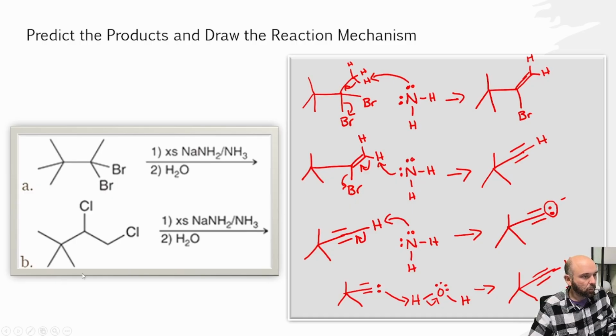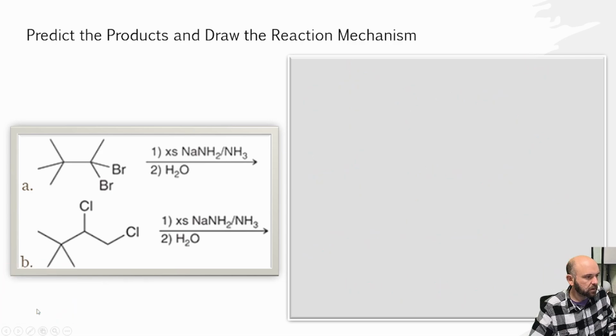That was example one, where the halogens are on the same carbon. Now we'll look at example 2 where the halogens are on adjacent carbons. And so I'll redraw the species here.